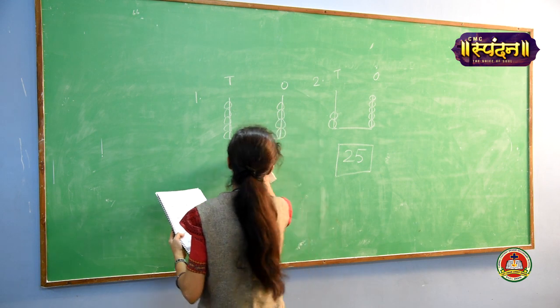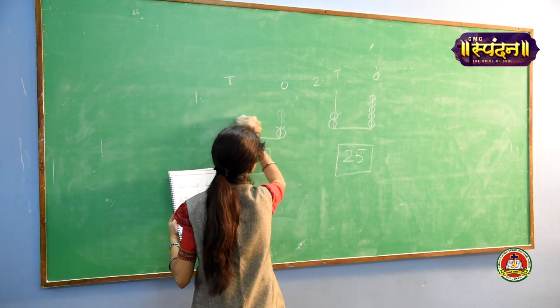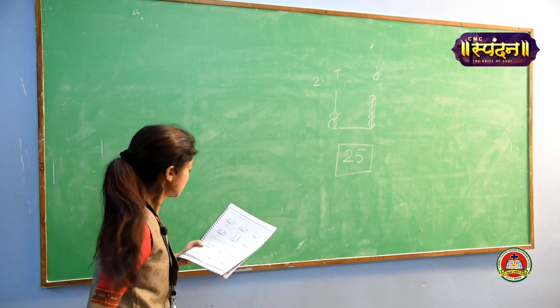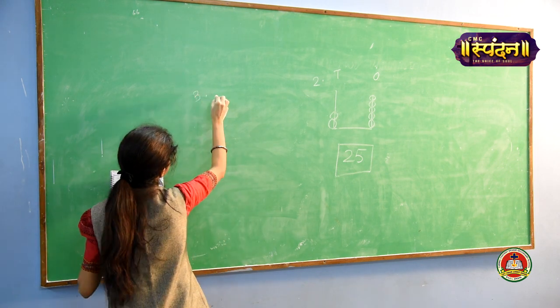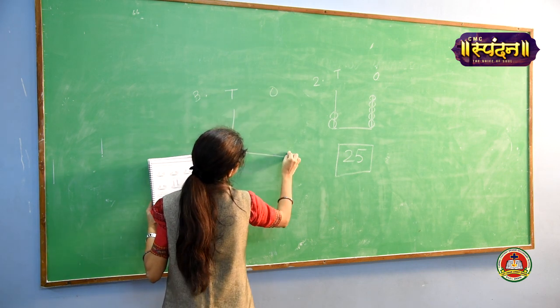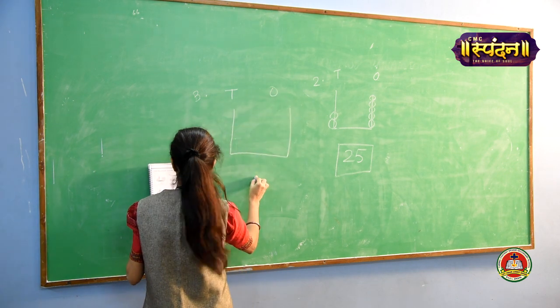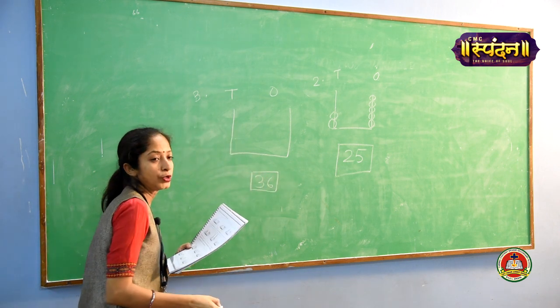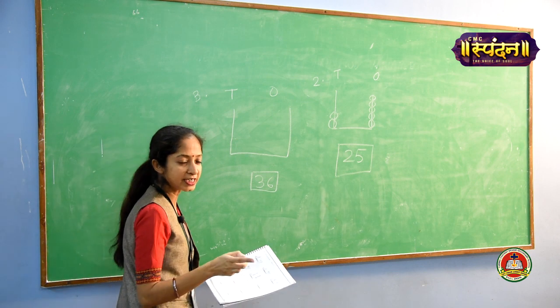So what are we going to do? Number 3, tens and ones on the spike abacus, and they have given us the number 36. Now we have to draw the beads on the abacus. From which side are we going to start?